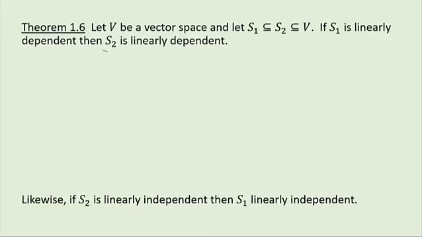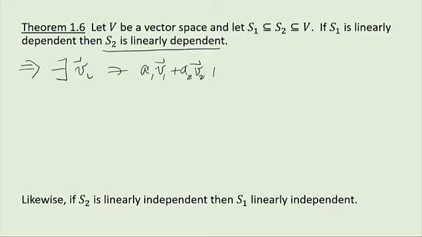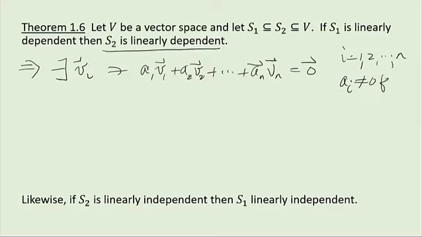Since S1 is linearly dependent, there exists a finite number of vectors v_i, i from 1 to n, such that there are scalars a1 through an, not all 0, such that a1 v1 plus a2 v2 plus ... plus an vn is equal to the 0 vector, where i equals 1, 2, up to n, and not all a_i equal 0. So a_i is not equal to 0 for some i's.